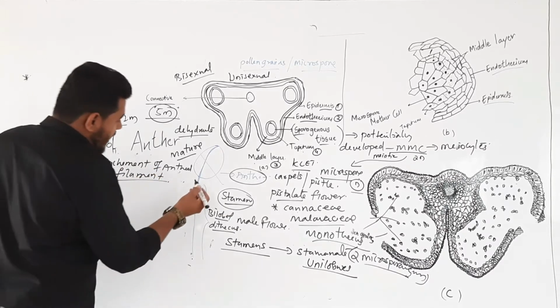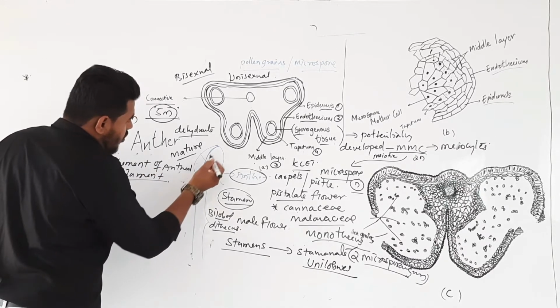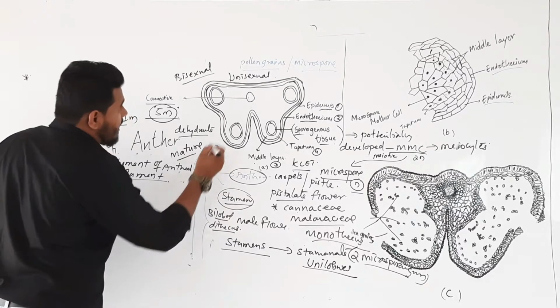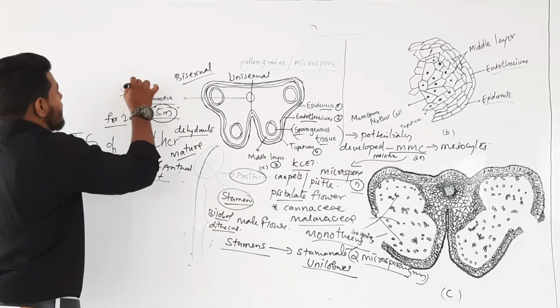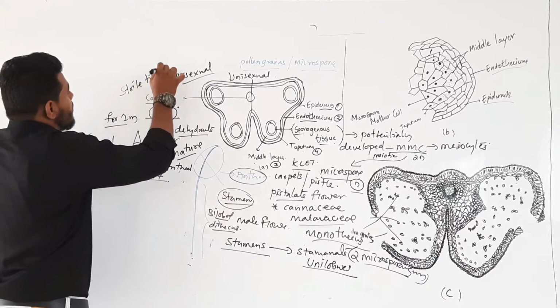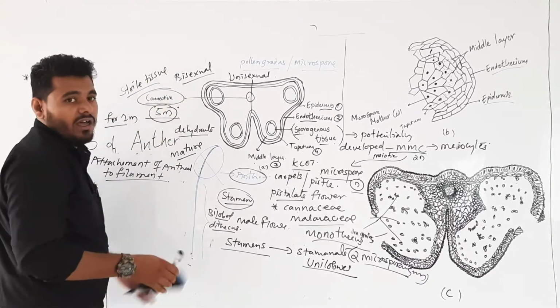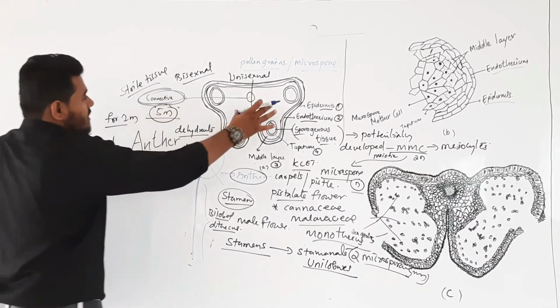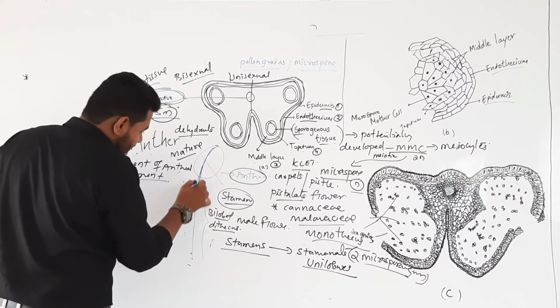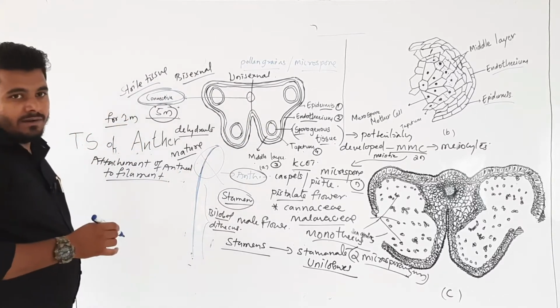As you know, the filament and the two lobes of the anther are connected with a sterile tissue called the connective.